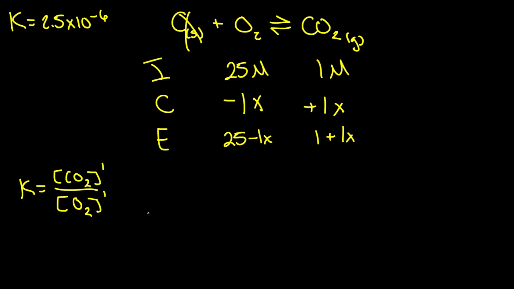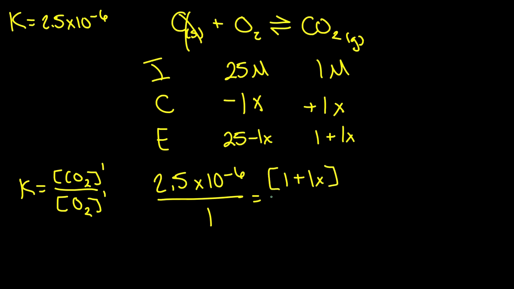So now we can plug in. K is 2.5 times 10 to the negative 6. I'll put that over 1. So equal to the concentration of CO2, which is 1 plus 1x, and the concentration of O2 is 25 minus 1x.